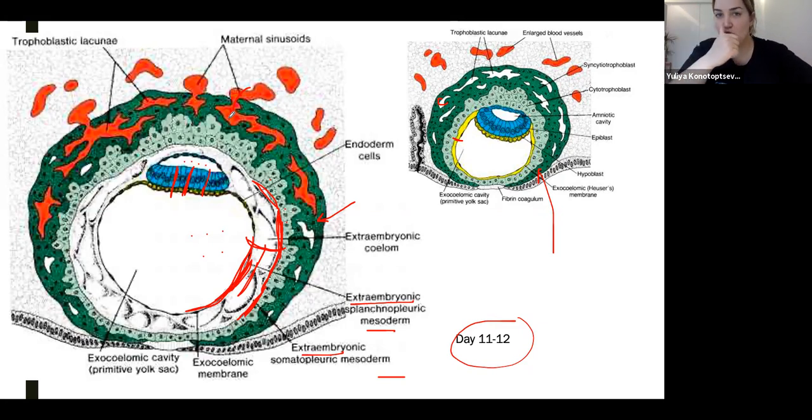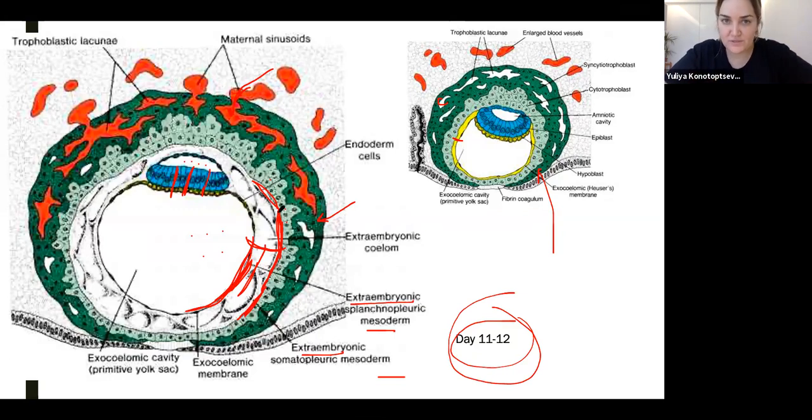When is uteroplacental circulation established? On day 11, 12. What does it mean? It means that blood of the mom starts to flow here, and it brings the nutrients. We're slowly starting to make the placenta. Is it clear?